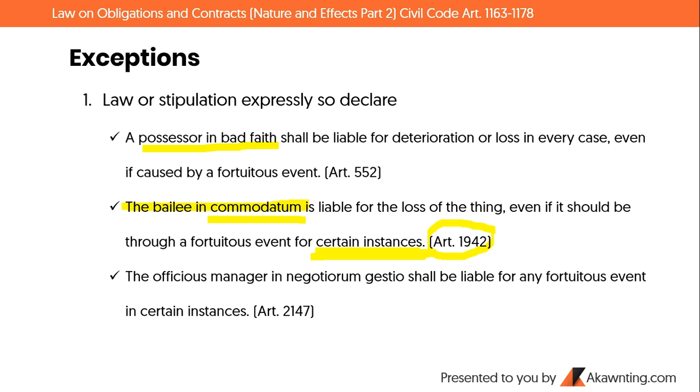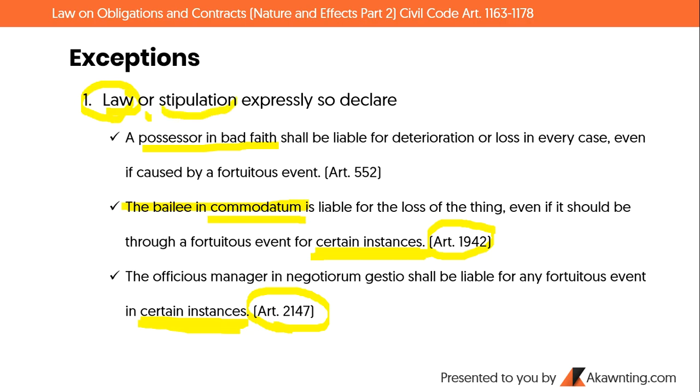You will still be liable in certain instances again. We did not list those instances here because there are quite many of them. So, if you want to see them, go to Article 2147. Okay? So, by the way, these are when the law expressly so declares.